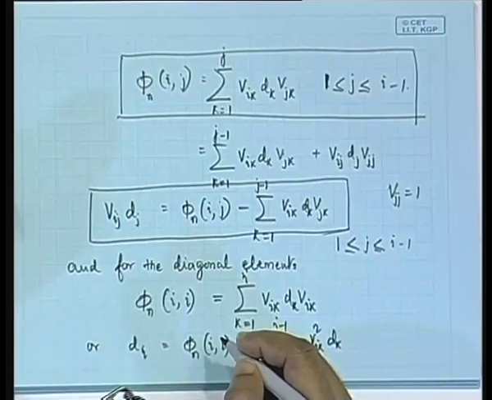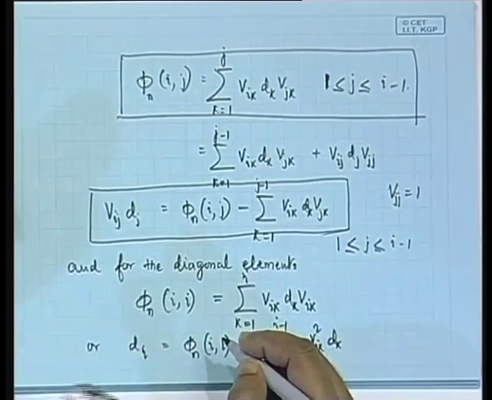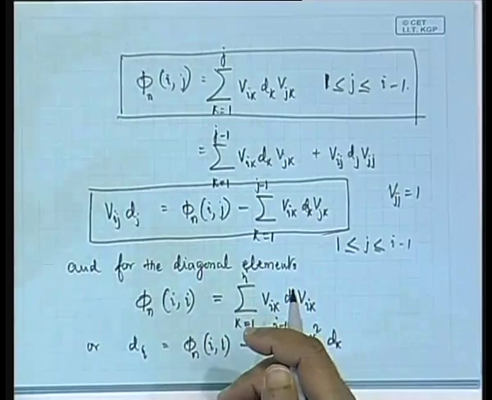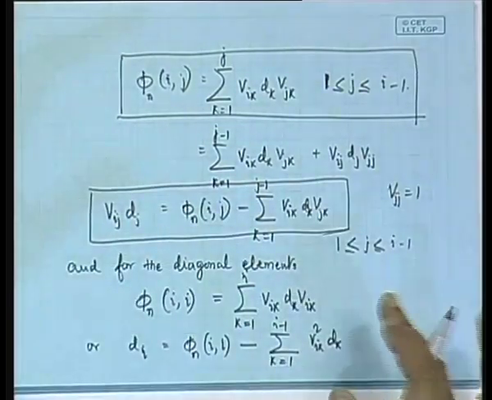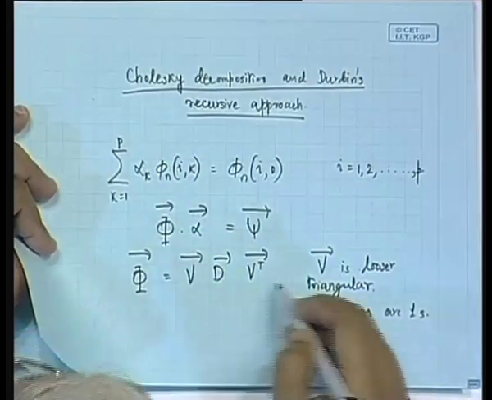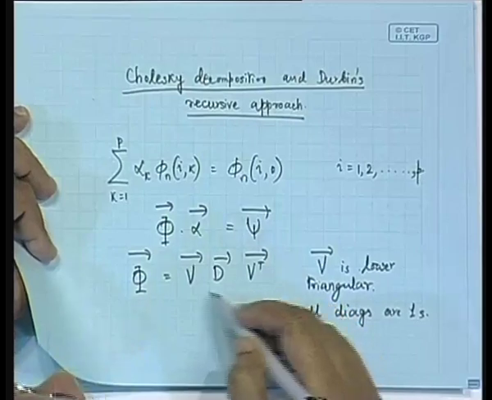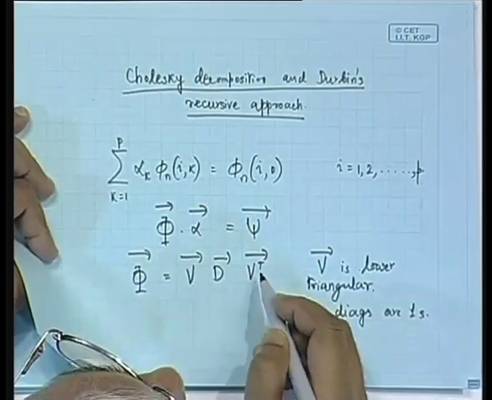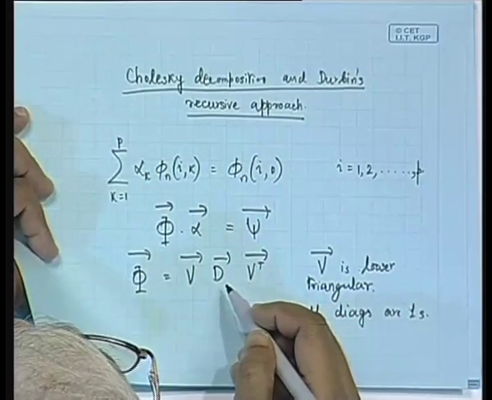Actually, if we write down the matrix expression, if we just break up the matrix expression, what we had written means the original matrix expression phi expressed in terms of this, and noting that all the diagonal elements of this V matrix are equal to 1.